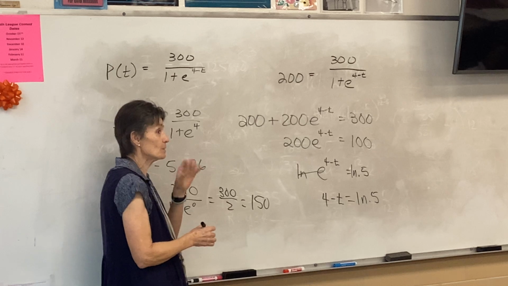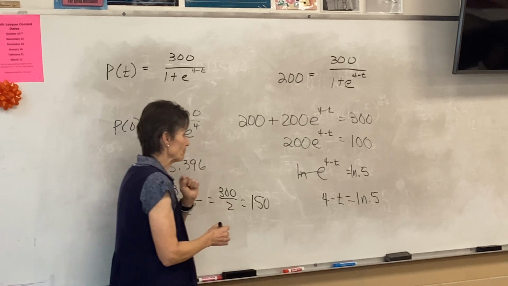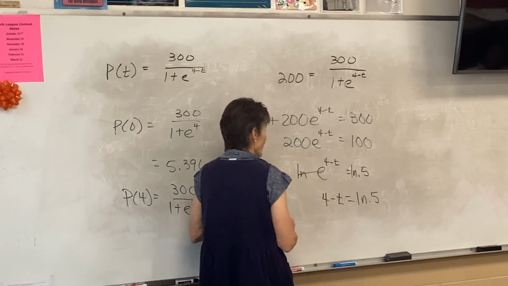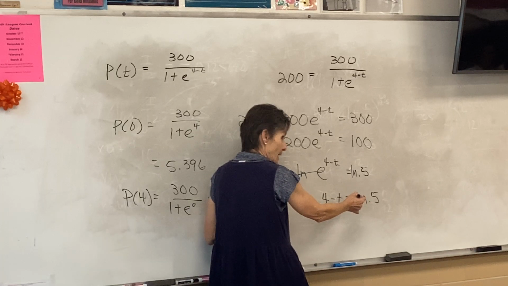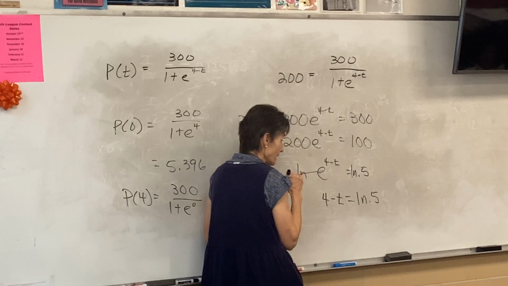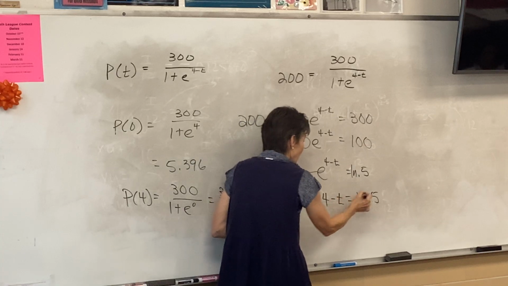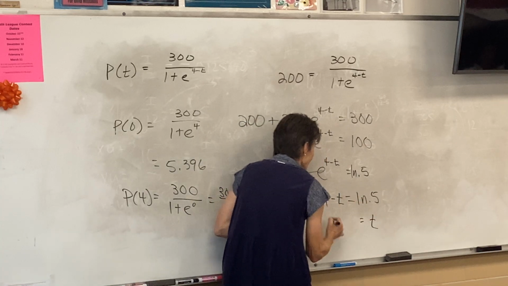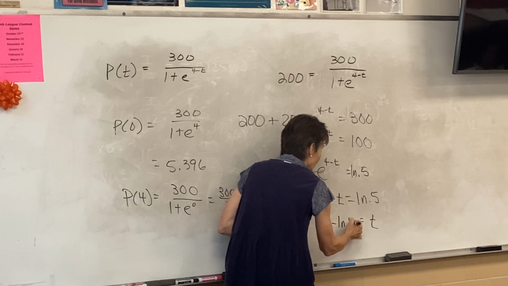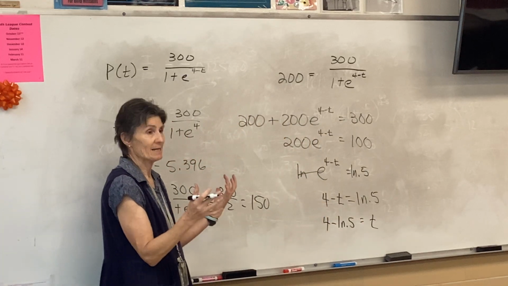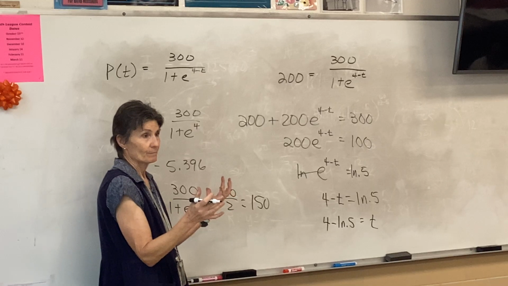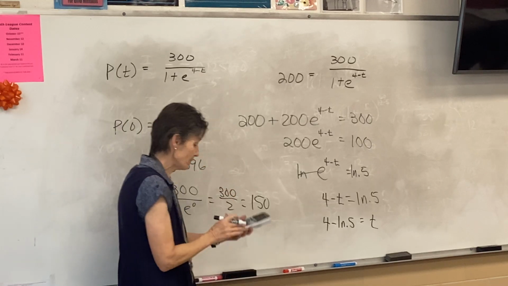And remember, you're solving for t. So you can do that one of two ways. You can subtract 4 and divide by a negative, or you could add the t to this side and subtract the ln 0.5 to that side. It doesn't matter. Get t by itself. And then type it in.